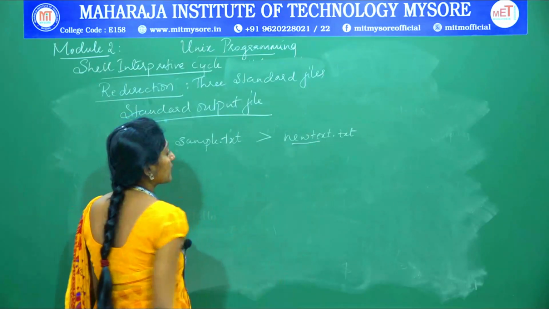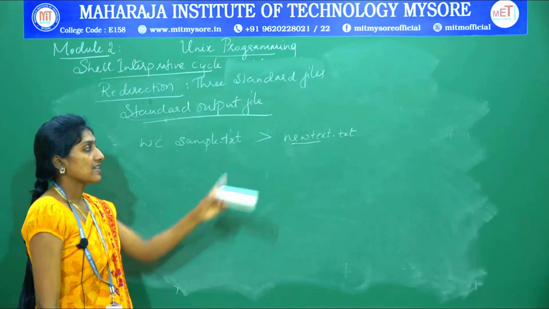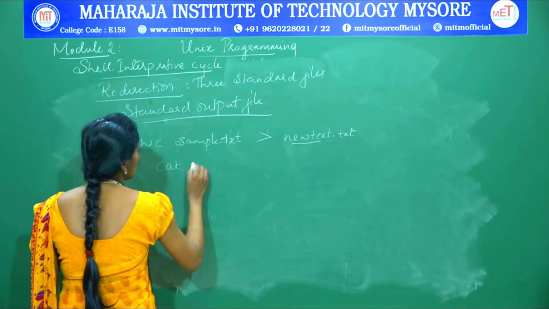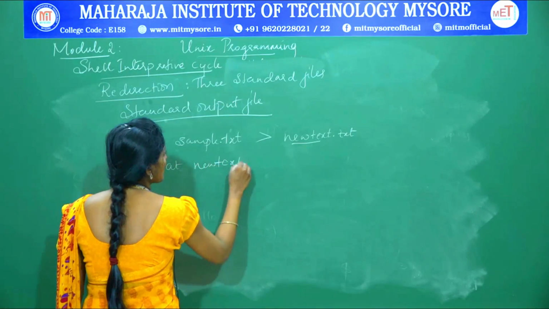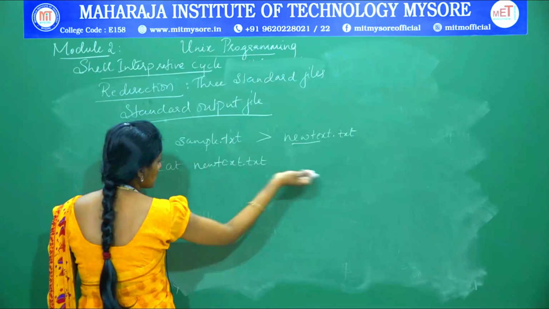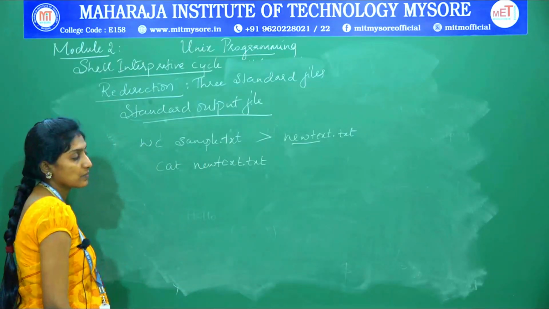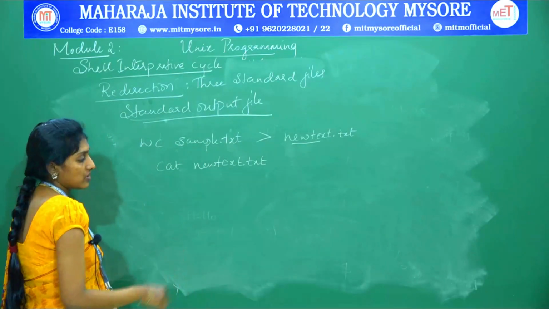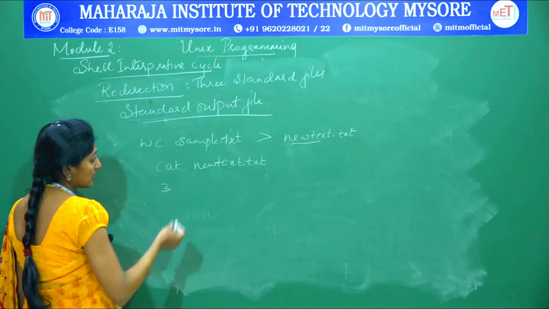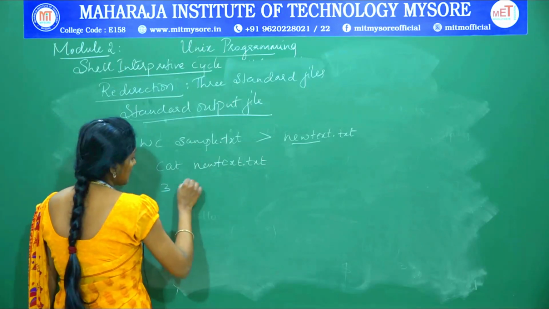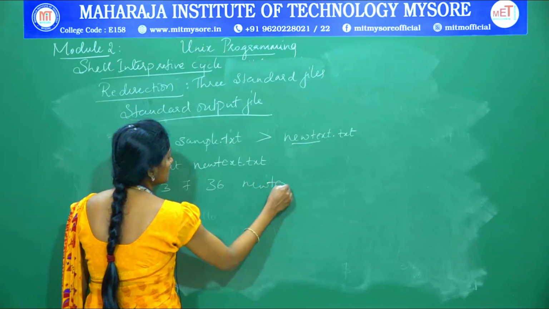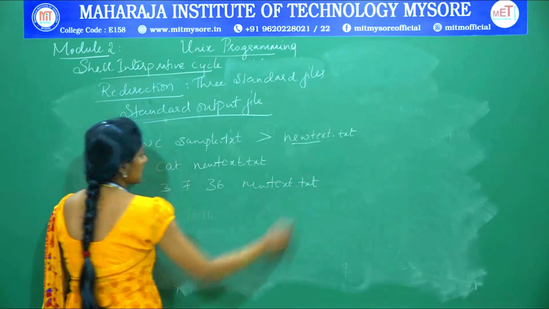To check whether the content of sample.txt has been copied to new text.txt, you just use cat new text.txt. Previously I had created this sample.txt using the cat command or wc command. There we had three lines within the file sample.txt, then 7 words and 36 characters with the file name new text.txt.